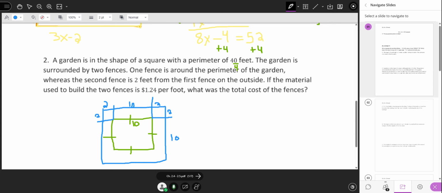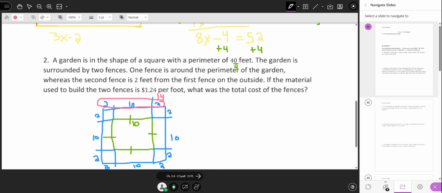Do you see what I'm doing? So the larger fence is actually 14 feet.